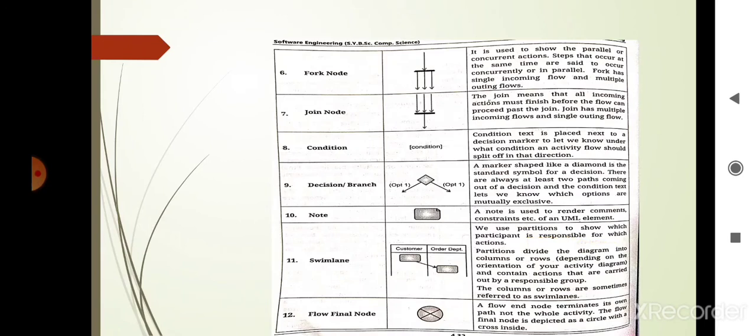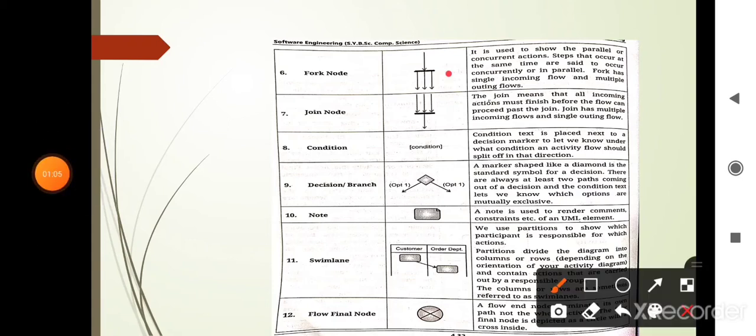The next notation is the fork node. This is the symbol for fork. It is used to show parallel or concurrent actions. Steps that occur at the same time are said to occur concurrently or in parallel.